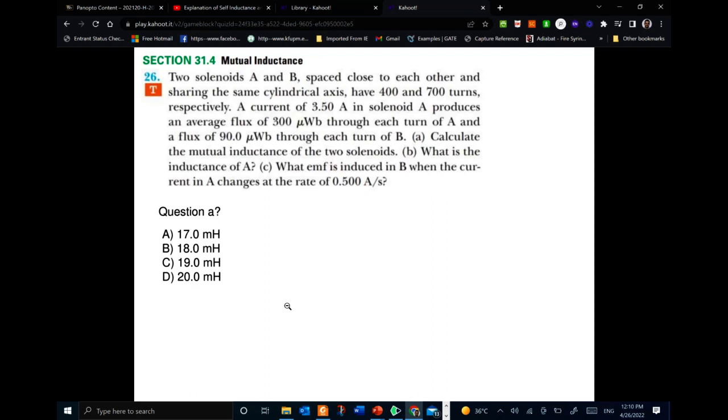A current of 3.5 amps in solenoid A produces a flux of 300 microwebers through each turn of A and 90 microwebers through each turn of B. So we have the flux in A and B due to the current in A. Calculate the mutual inductance of the two solenoids, the inductance of solenoid A, and the EMF that is induced when the current in A changes at 0.5 amps per second. Nice problem.